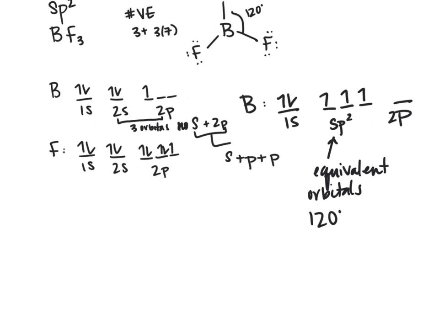So when we look at the types of hybrid orbitals, we have the sp. This is 1s plus 1p, and that equals 2 sp orbitals. So there are now 2 equivalent ones, and they are 180 degrees apart.